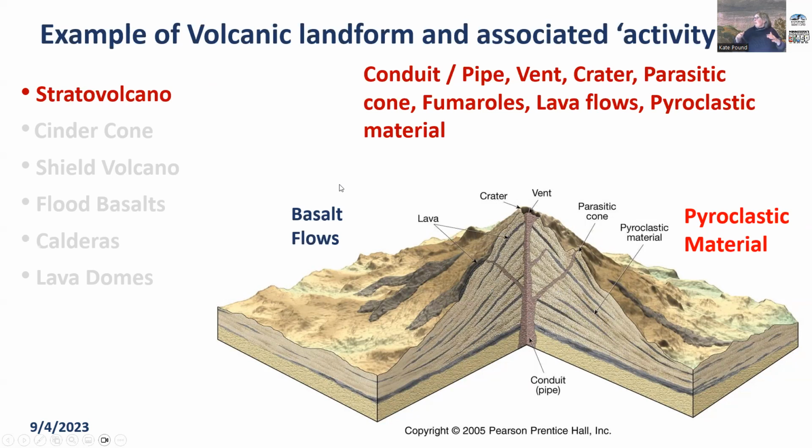The pyroclastic material would easily get eroded, but those basalt flows actually kind of hold it down. So you get layers on layers, and they build up this classic steep-sided volcano that's called a stratovolcano.